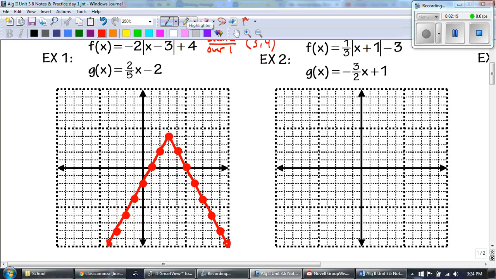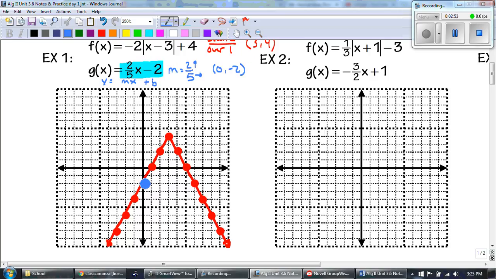Now if you look at our next one, there's no absolute value there. So if there's no absolute values, like 2/5 x minus 5, that's in slope-intercept form, y equals mx plus b. Our slope is 2 over 5, which means I'm going up 2, to the right 5, and I'm starting at 0, -2.